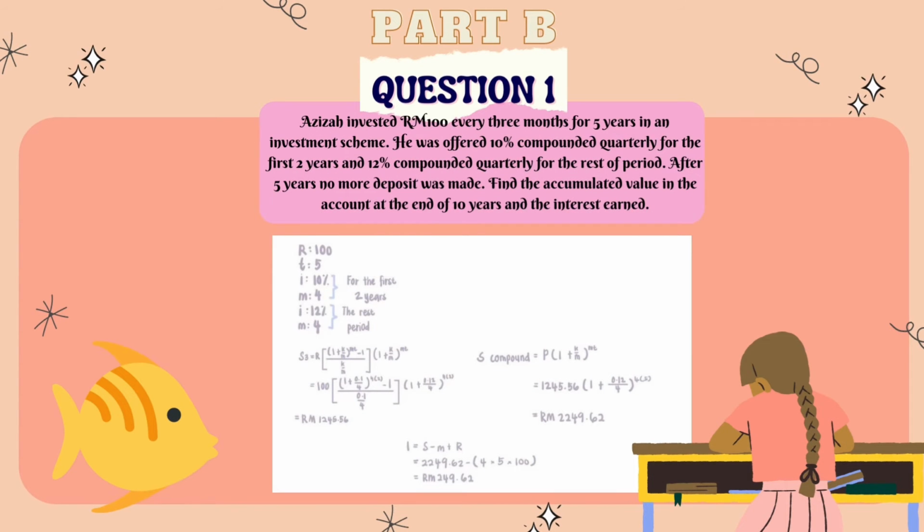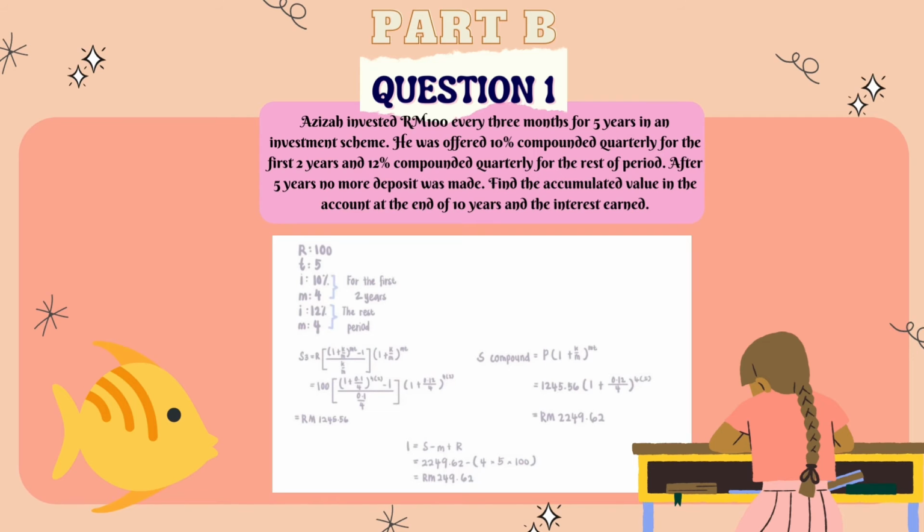Part B, question 1. The R is 100 ringgit, T is 5 years. For the first 2 years, I is 10%, and for the rest of the period, the I is equal to 12%, and M equal to 4.